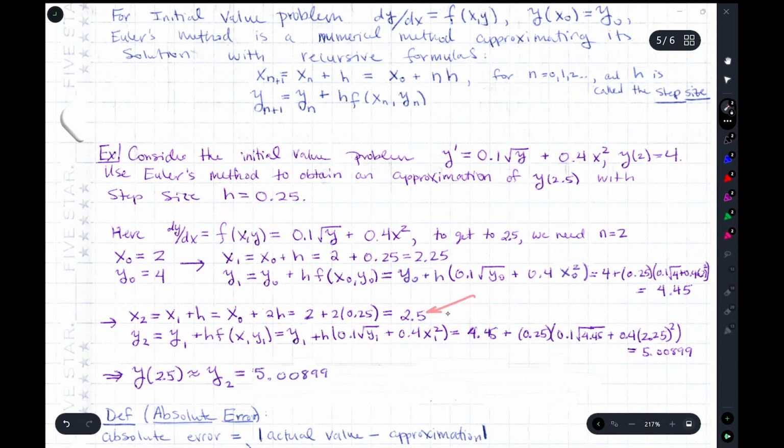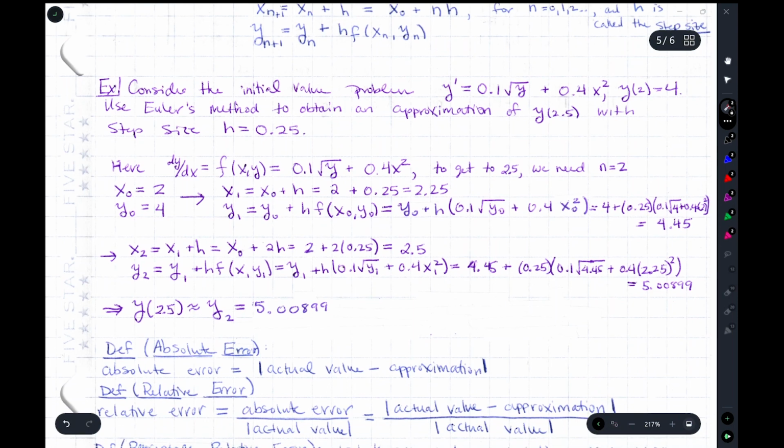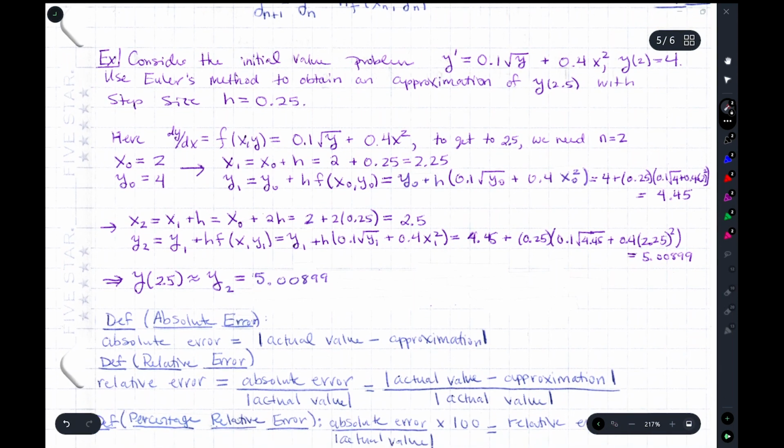Don't confuse x2 with x1. And plugging these in there, you get this value. And so y at 2.5 is approximately equal to y sub 2 that we see there. And you could imagine that with smaller step size we would get even more accurate results. Here we don't have an exact value because we don't have an analytic solution, so we don't have much to compare it with.